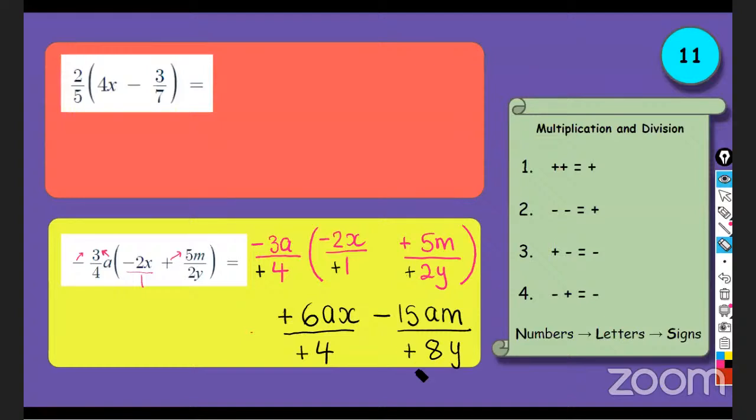A negative. Right? So let's take a few seconds and I'll put down the final answer. When you're multiplying the negative by the positive, a negative by a positive is a negative.